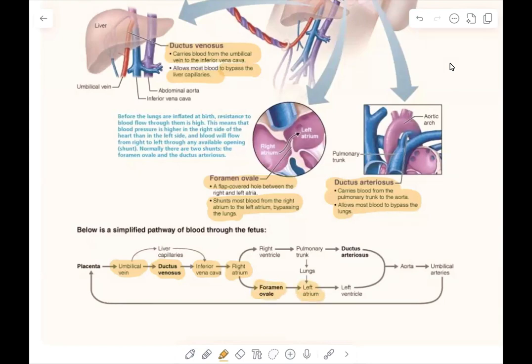From the right ventricle, goes to the pulmonary trunk, but then bypasses the lungs through the ductus arteriosus to get to the aorta. When it leaves the heart, it goes out the aorta through the umbilical arteries, which, as you can see here, are going to go back away from the fetal heart to the placenta.